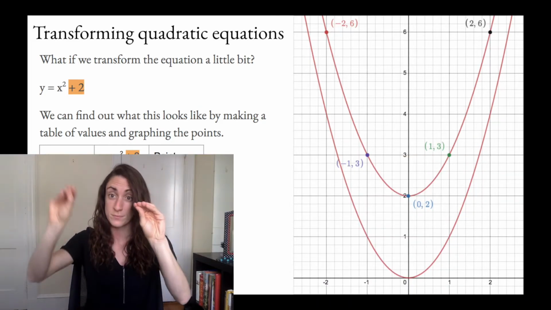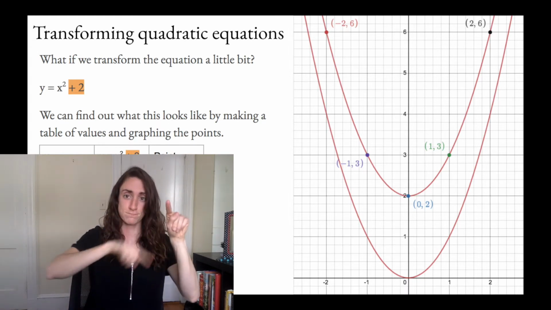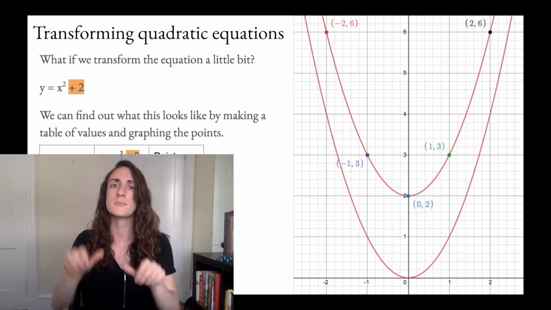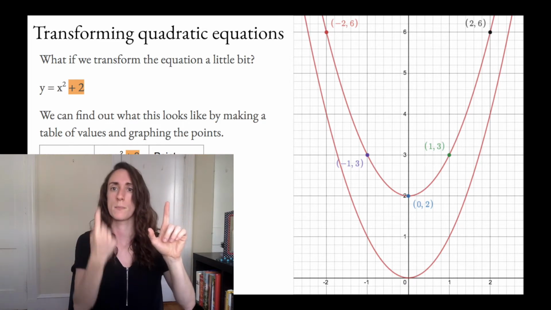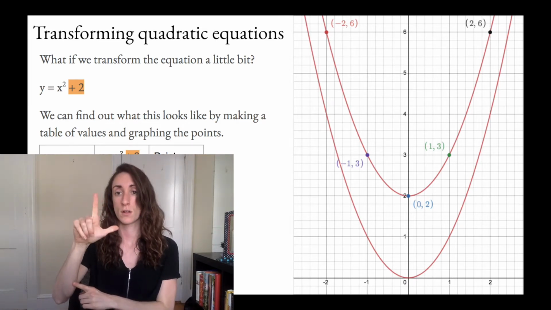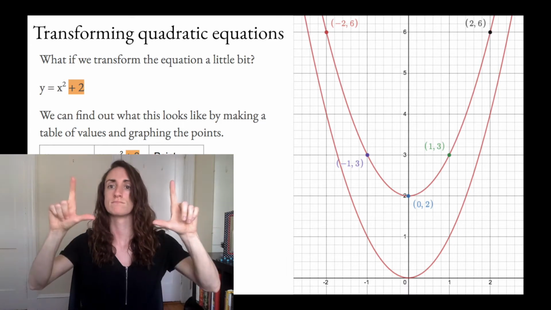So if we plot these new points, you can see that compared with our parent function, y equals x squared, the new graph is shifted upwards. It's the same shape, it's the same size, everything about it has stayed the same except that its position has shifted up the y-axis 2 units. That's called vertical translation. It hasn't been stretched or anything like that, it's just been moved upwards.